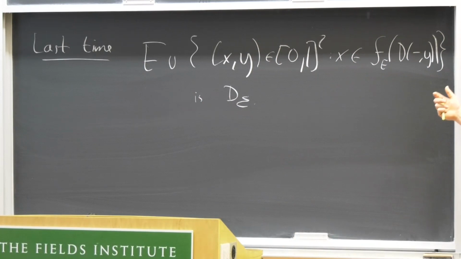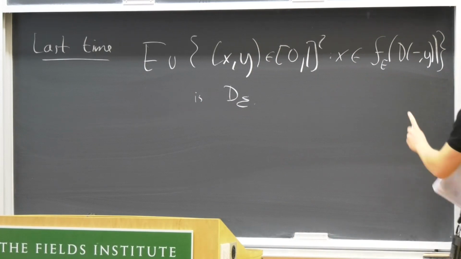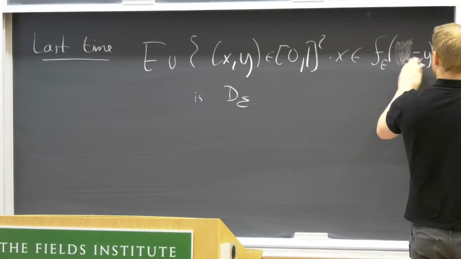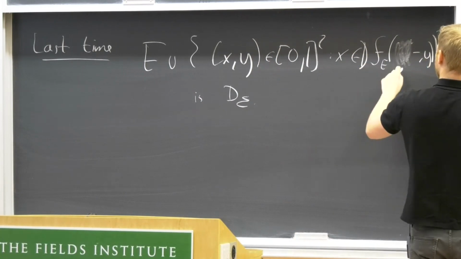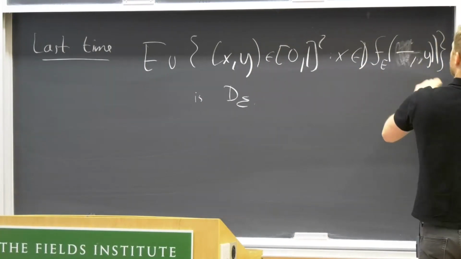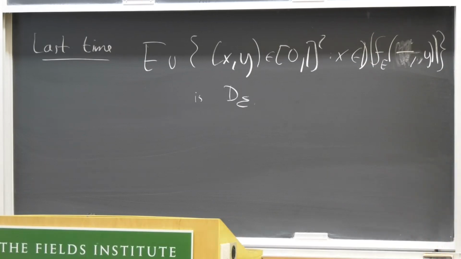Here the bracket's the wrong way around. D is a point of discontinuity of this function. So for each y we have this function that you see up there, and we know that the parameter set of discontinuities is D sigma.